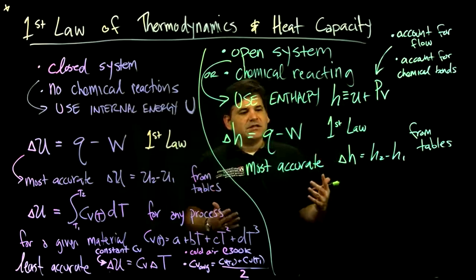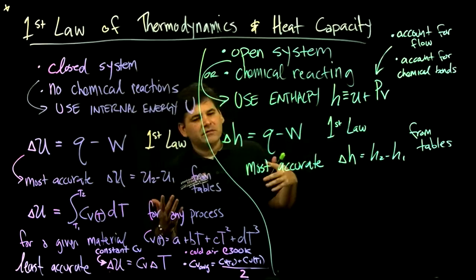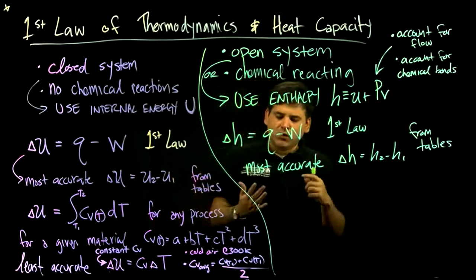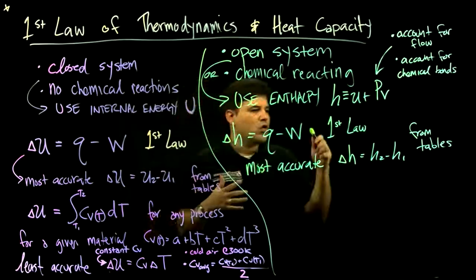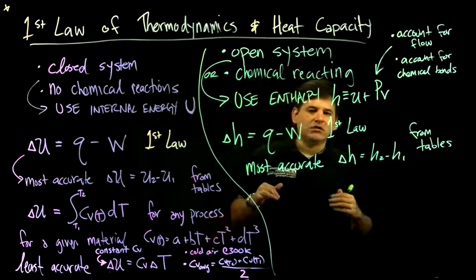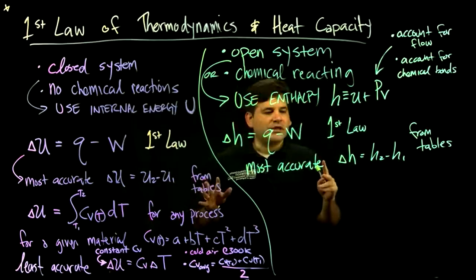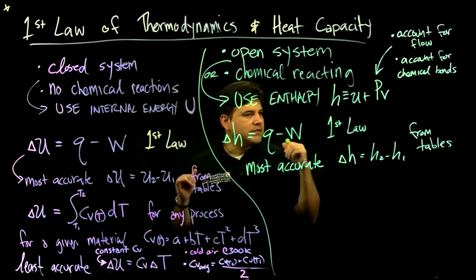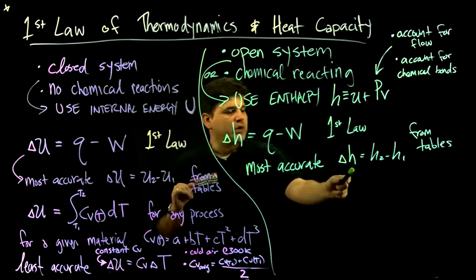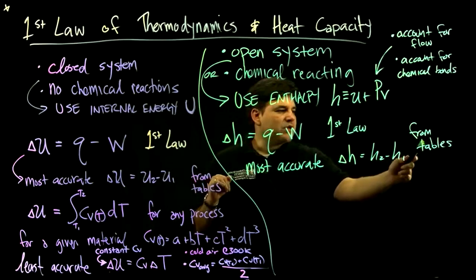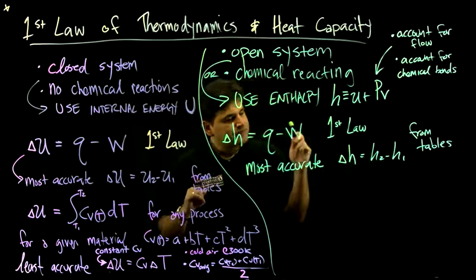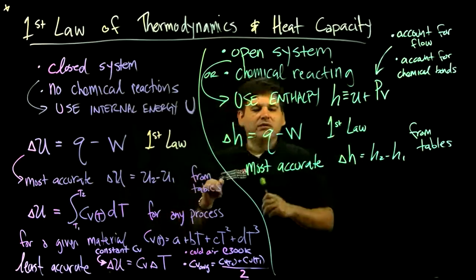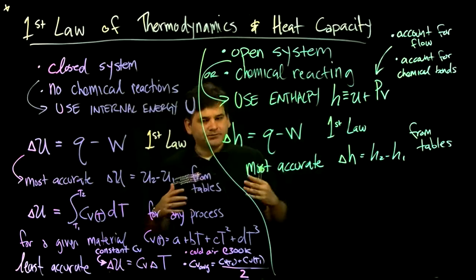But that's a simpler case. For steam tables, you need both temperature and pressure, or two independent properties to pin down where you look in the table. It's not as simple as only temperature. So depending on the situation, you can find this from tables, but there is some practice and concepts involved with properly finding the right enthalpy at the state you are at. And when you do that, that will be the most accurate because these tables consider everything.